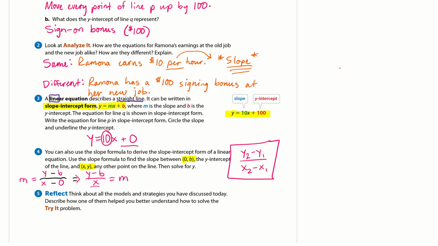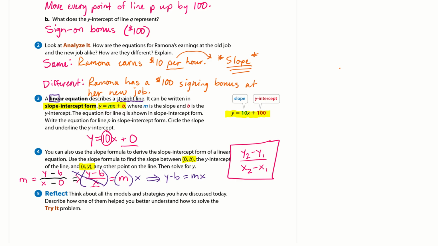Okay, the next step, I'll just go ahead and finish this off with you, is going to be to multiply both sides by x, just like we kind of did in our last section of notes. And the reason is we cancel out the x here. All right, you may remember doing that. So now I would have y minus b equals mx.